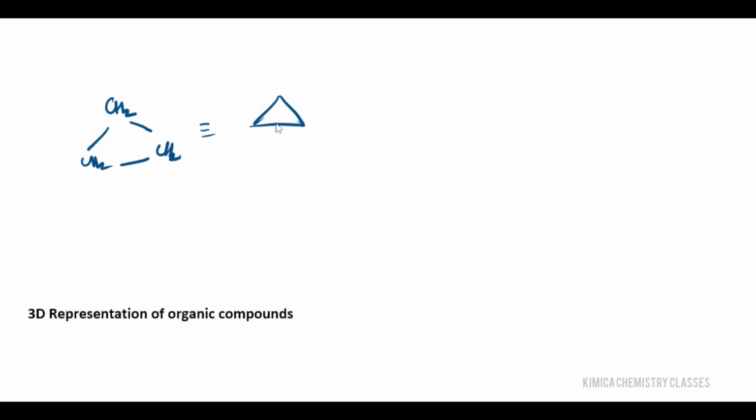The structure of cyclopentane is like this, and we can write like this. This is cyclopentane, right? So these are the different ways of representing the structures of organic compounds.